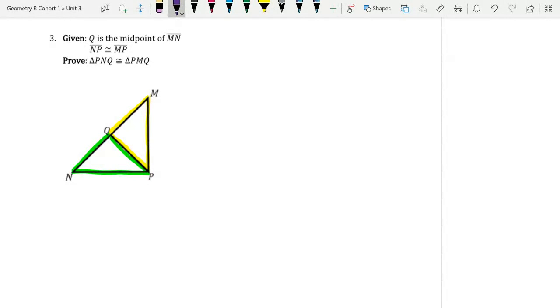Okay? Q is the midpoint of MN. That means wherever Q is, it's cutting that segment MN into 2 equal pieces. NP is congruent to MP, and I'm hoping you saw the reflexive property here again. So let's put down on paper, right?